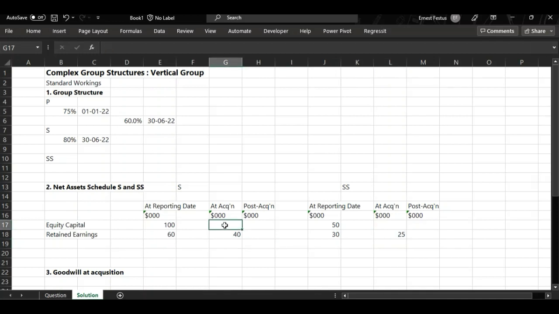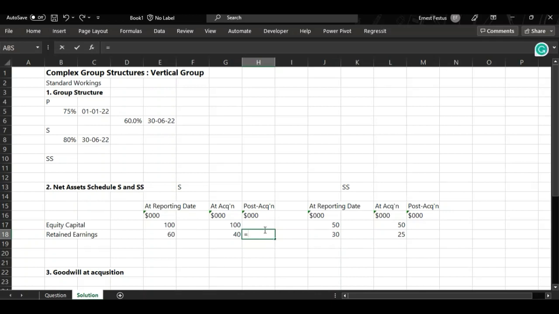Now, we are not told any other information about our equity shares, so we assume same. There has not been any change in the shares. Then the post acquisition is the difference. You subtract the asset at acquisition from the asset at reporting to obtain your post acquisition reserve.